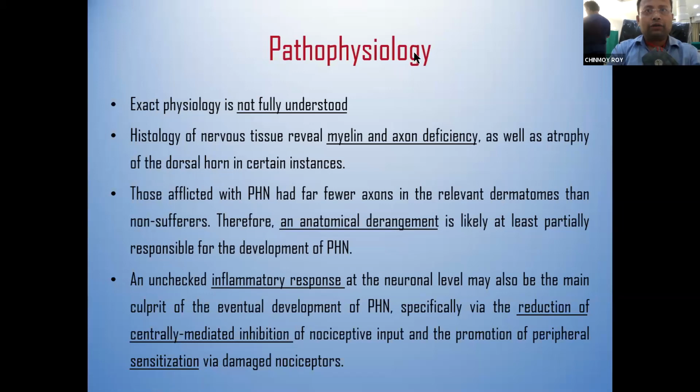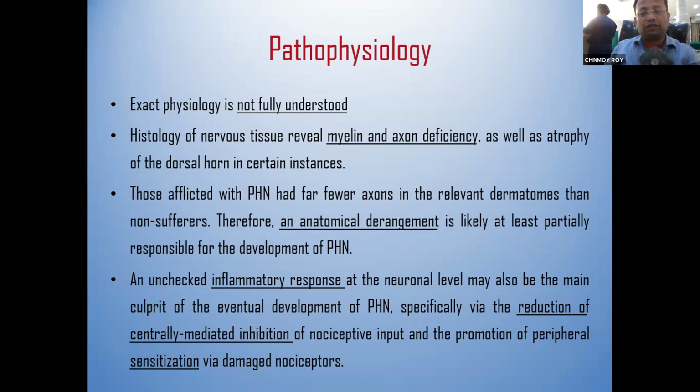So mainly you have understood the pathophysiology: ultimately myelin and axon deficiency will be there, and some anatomical derangement. Why have I underlined it? Because in neuropathic pain, many times the anatomy is normal and a physiological problem is the main thing.